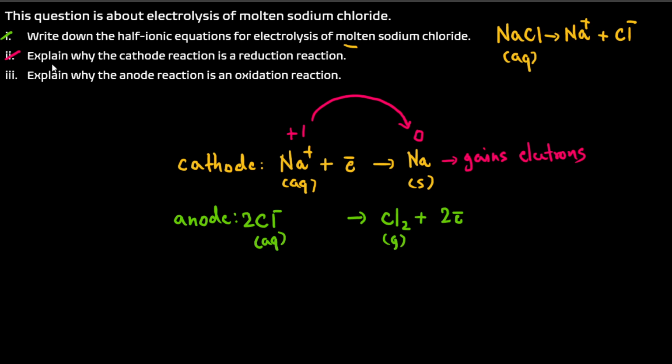So you can say that Cl- ions or chloride ions are oxidized to Cl2 gas with a charge of -1 to 0. Or you can say that since the electrons are on the right hand side, chloride ions lose electrons at the anode.